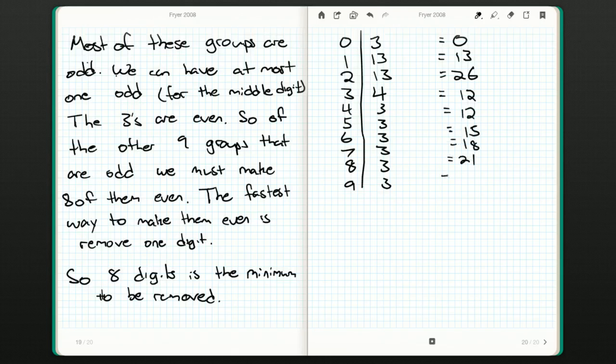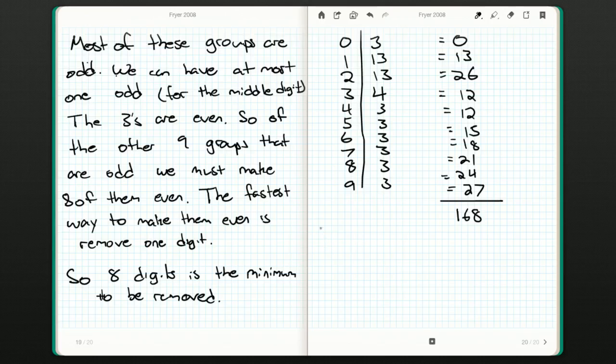18, 21, 24, and 27. Okay, and if we add all those up, 13 plus 26 plus 12 plus 12 plus 15 plus 18 plus 21 plus 24 plus 27, we get 168, which is the number of hours in a week. Fun little number association there.